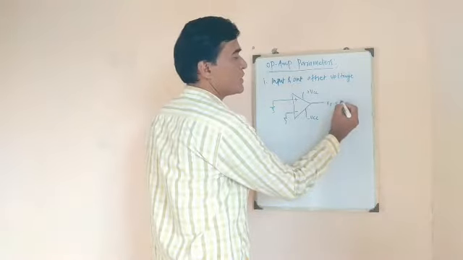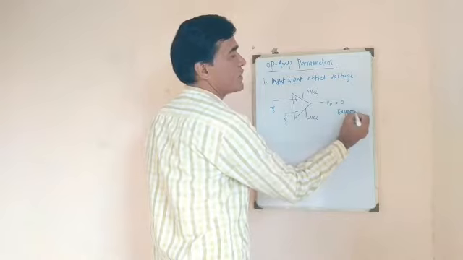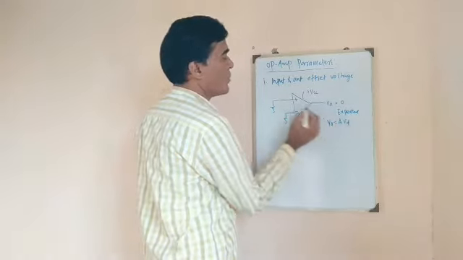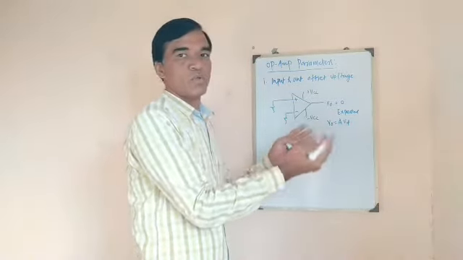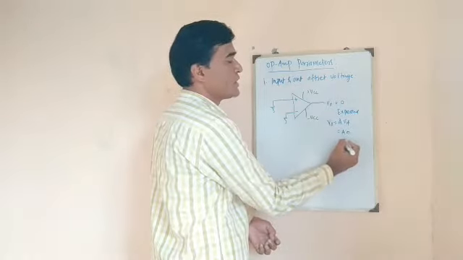It must be 0. The reason is that output voltage equals A into VD. Voltage at the non-inverting terminal and at the inverting terminal are both 0, so 0 minus 0 gives VD equal to 0. Hence I will get the output as 0.